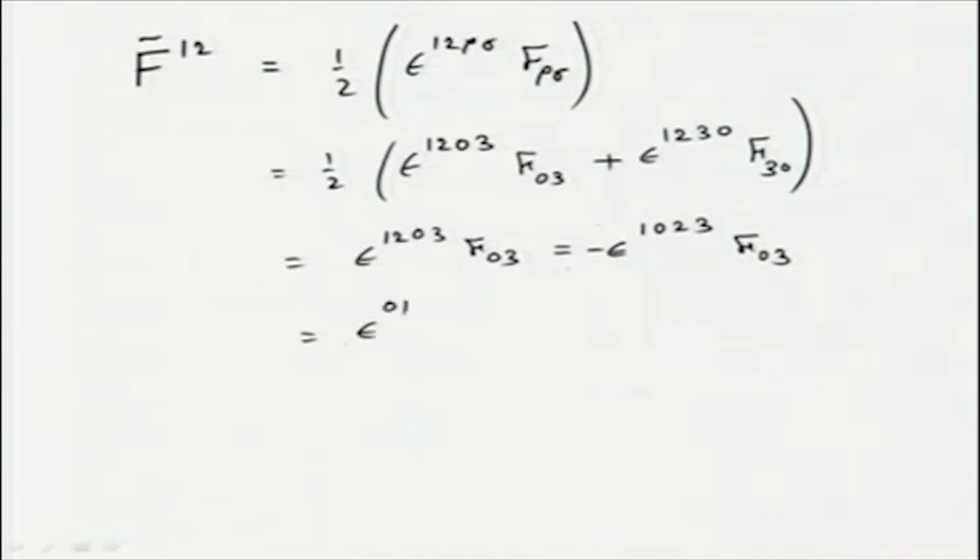So, that will give me a plus epsilon 0 1 2 3 F 0 3, which is equal to a factor of 1 for epsilon 0 1 2 3 and F 0 3.